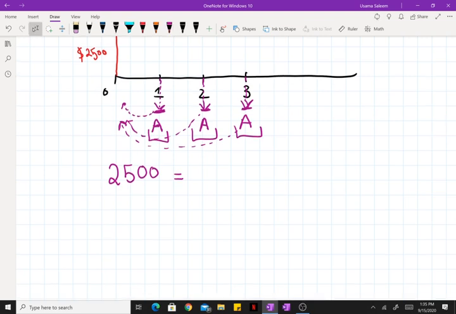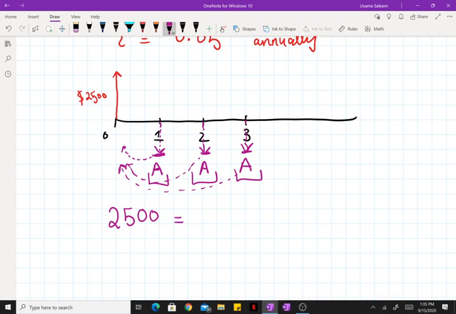In order to take the value of cash flow A at year zero, it's going to be A times (1 plus i) raised to the power negative 1, since you're taking it back 1 year.